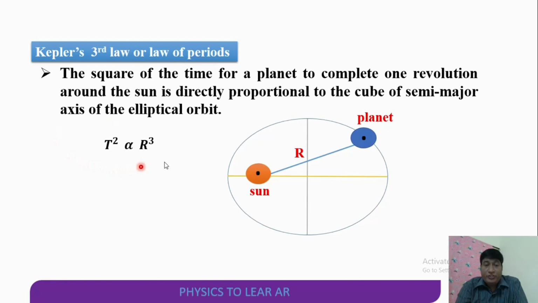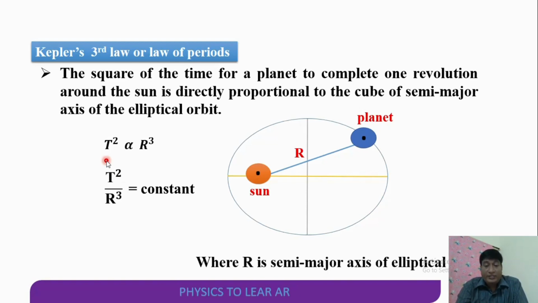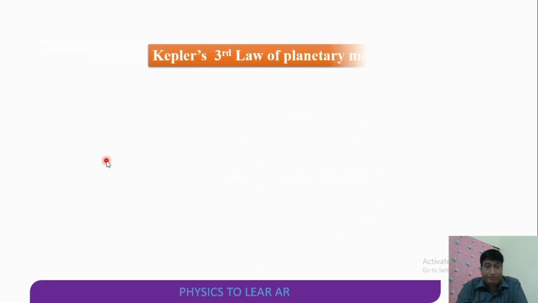So T square is directly proportional to r to the power of 3. With this we can say T square by r cube is equal to a constant. The proof we will discuss in further classes, where r is the semi-major axis of the elliptical orbit.